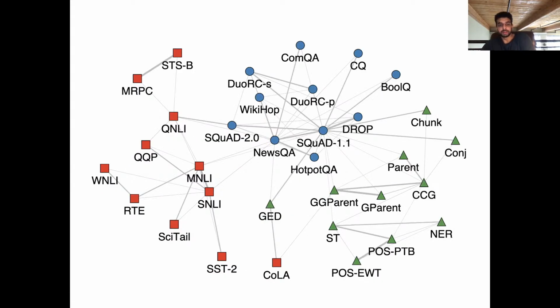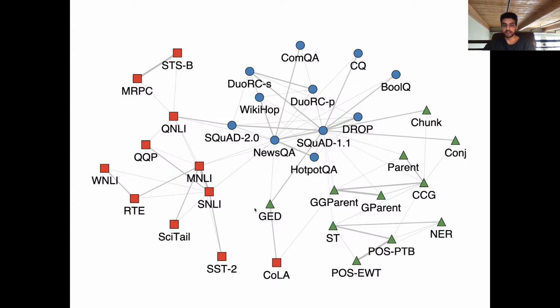So in the paper, there's this plot of 33 different tasks that are divided into 3 different classes. The red tasks here are classification tasks, the blue ones are QA tasks, and the green ones are sequence labeling tasks.